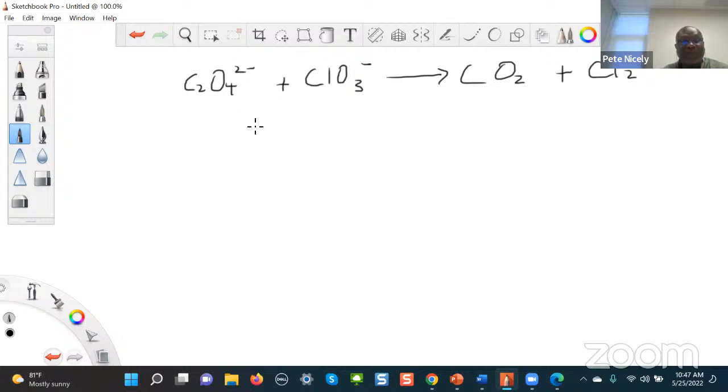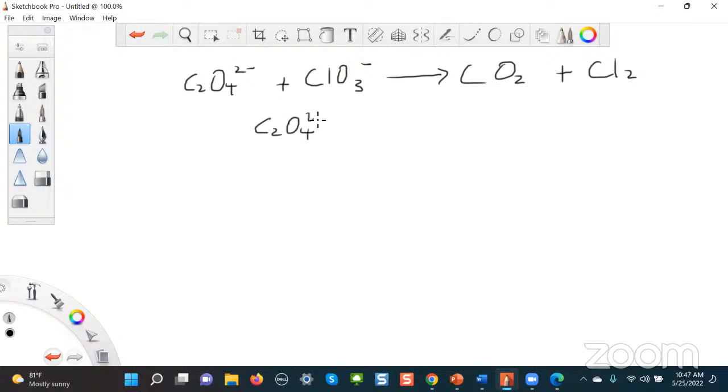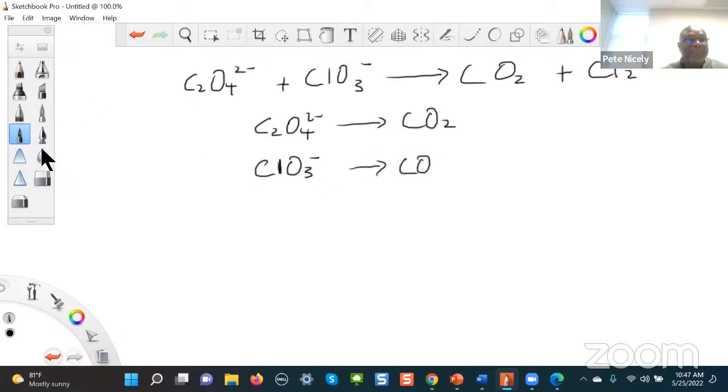Okay, so what would be the half equations? C2O4 2 minus and CO2. And the second one would be ClO3 minus and Cl2. Okay, Cl2, I'm sorry.